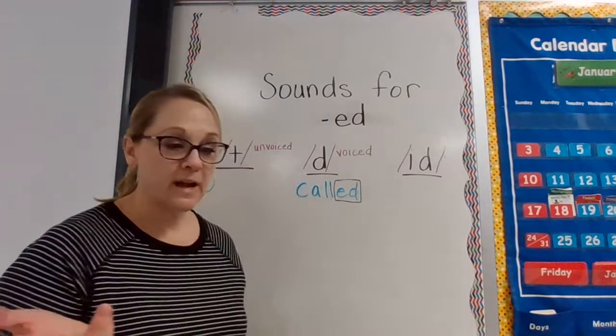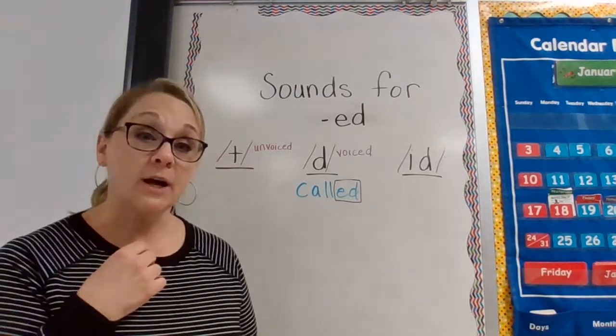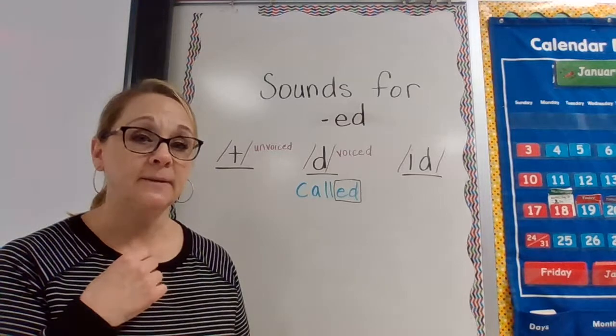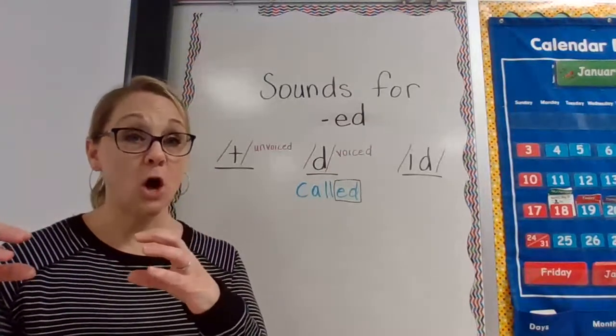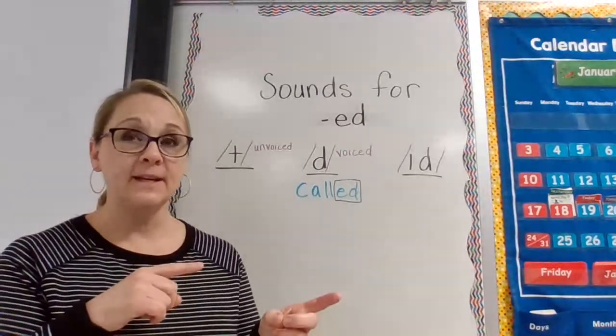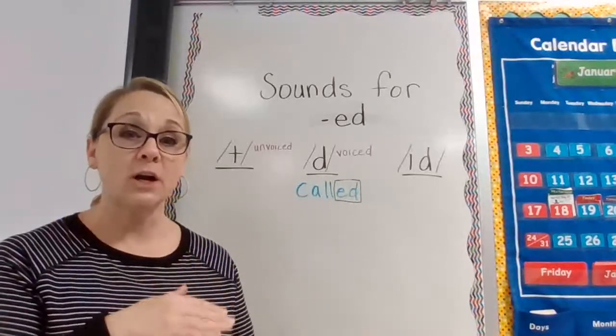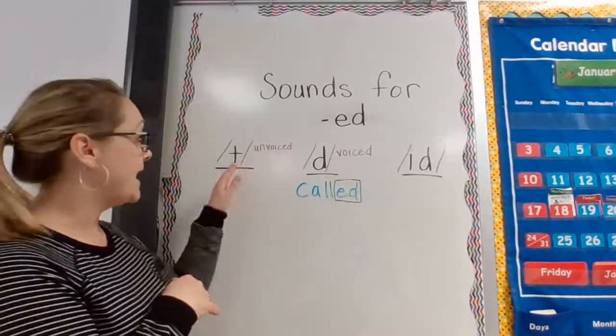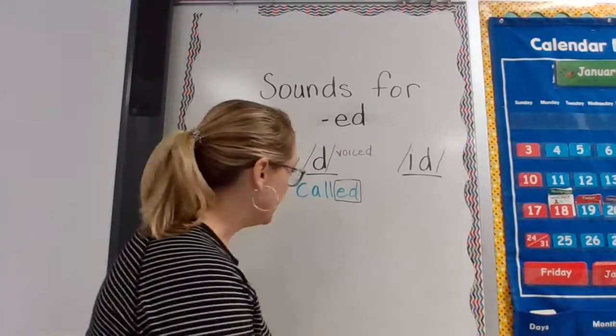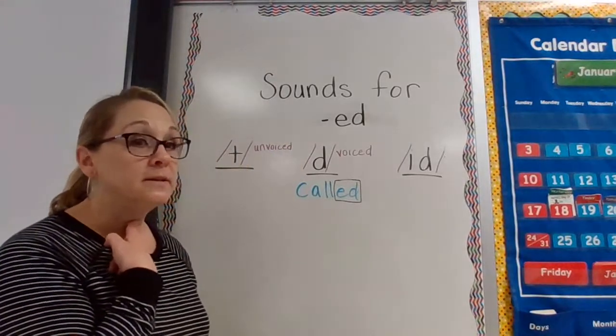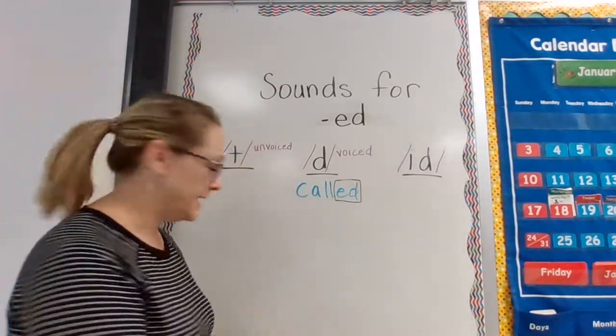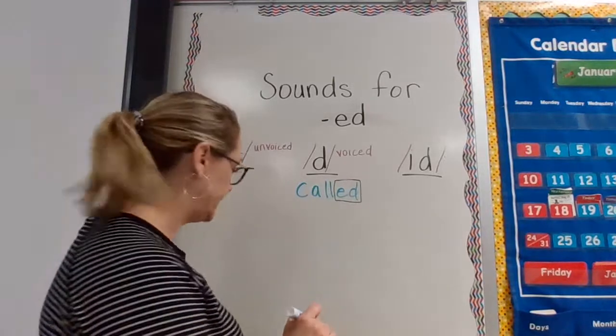The next word I have is talked. My base word is talk. When we add inflected ed to the end, it becomes talked. I hear t. Talk, talked. K is at the end, and K is an unvoiced sound.